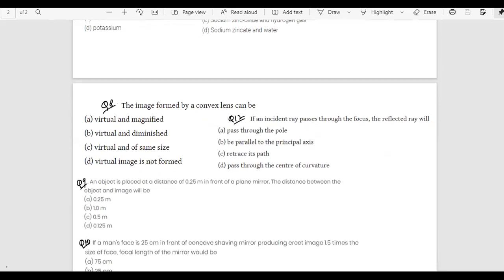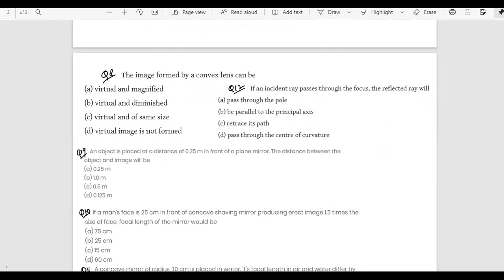Question number 9. An object is placed at a distance of 0.25 meter in front of a plane mirror.